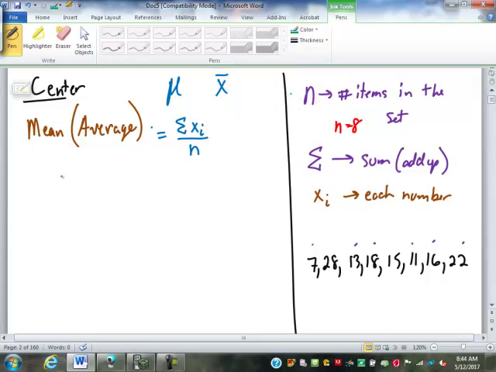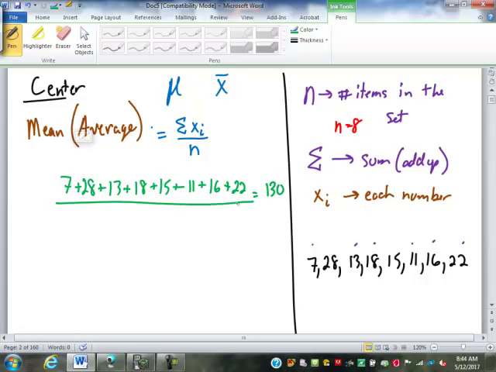So let's add them up. I've got 7 plus 28 is 35, plus 13 is 48, plus 18 is 66, plus 15 is 81, plus 11 is 92, plus 16 is 108, plus 22 is 130.